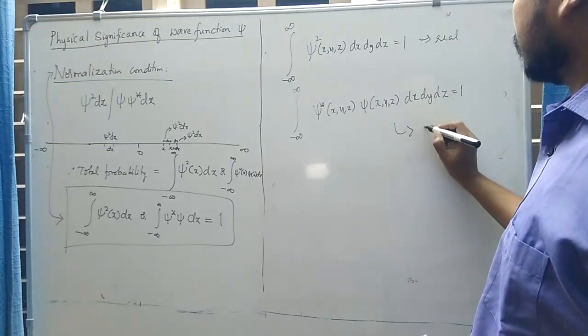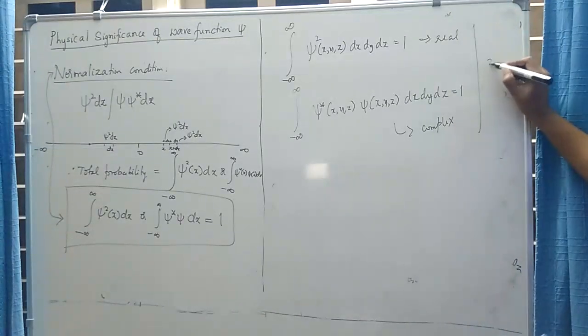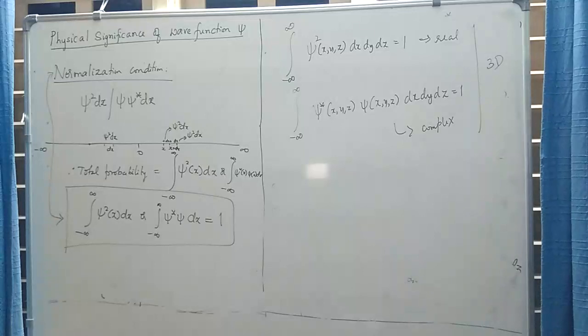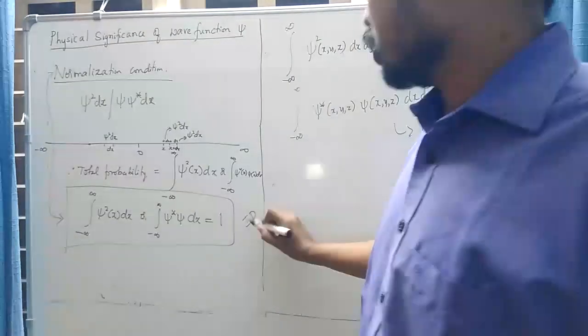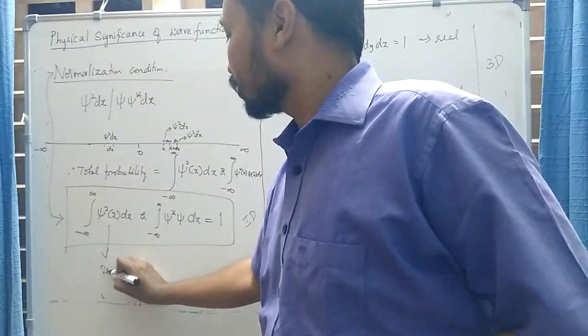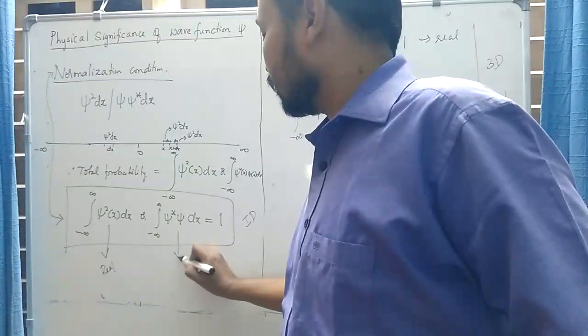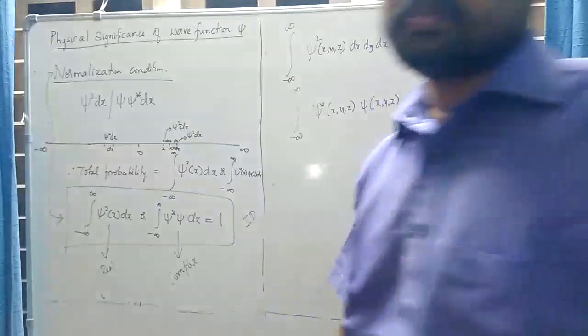This is applicable if the function is a complex function. So this is the normalization condition in 3 dimensions. This is the normalization condition in 1 dimension. This we have to use if the function is a real function, and this condition will be used if the function is a complex function.